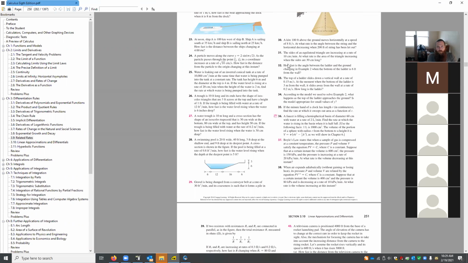Angle between the ladder and the ground. Okay. Yeah, this one is okay. Height is fine, not horizontal. What is the angle strain horizontal? Oh, 30 is fine. Okay, let's do number 30 here. Yeah, I like this, because this is something most of us have experience with when we were little kids.